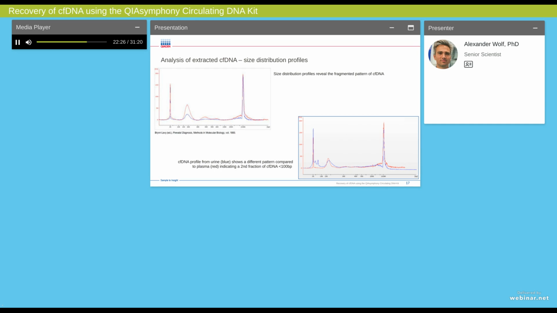It should also be considered that these size profiles only focus on the double-stranded DNA present in the eluate. Single-stranded DNA with a higher fragmented pattern, as revealed by specific libraries which focus on both double-stranded and single-stranded DNA, is not visible here, but has most likely a significant impact on the total cell-free DNA yield.